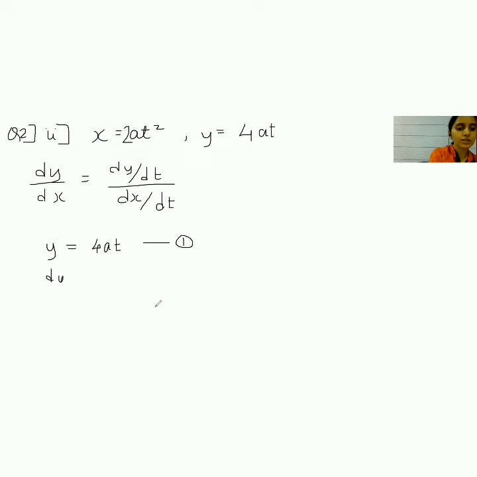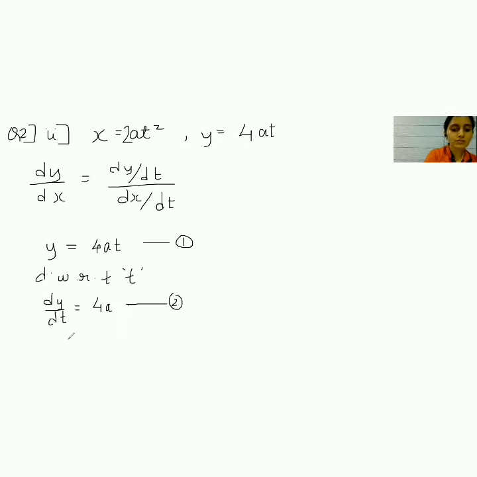Differentiate with respect to t. dy by dt is equal to 4a. Okay, this is your equation 2.